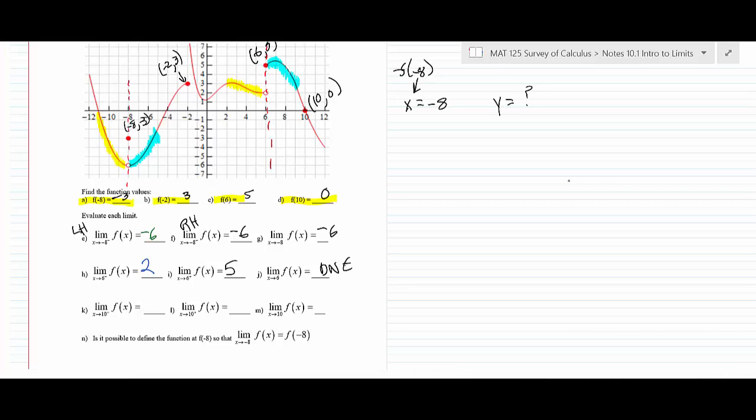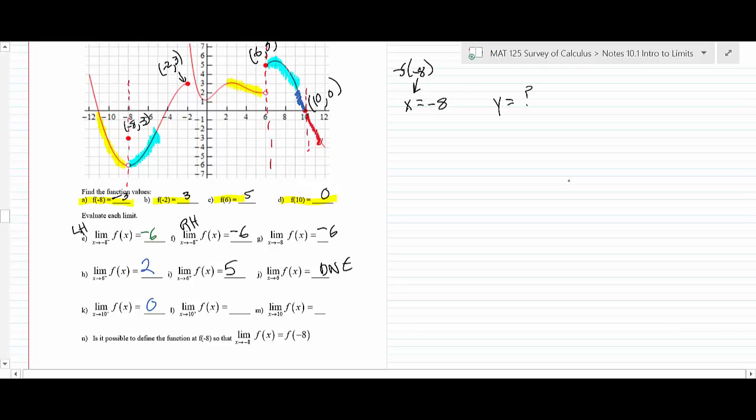Now let's look at the next one, number 10. So I'm going to put a vertical line through 10 and take a look at that. If I'm going from the left of 10, what is the y value getting close to? 0. If I'm going from the right of 10, where's the y value going? 0.